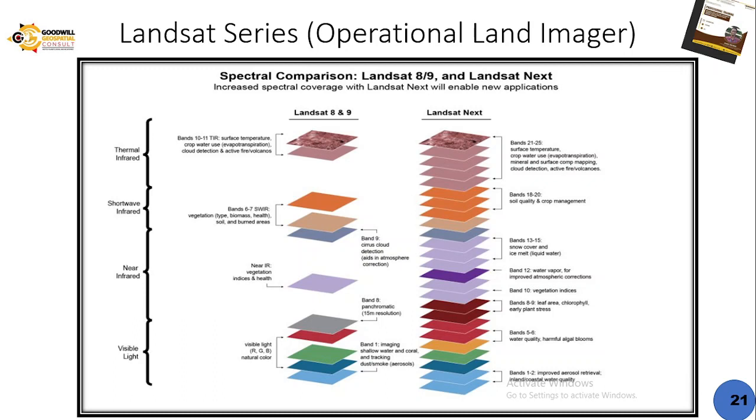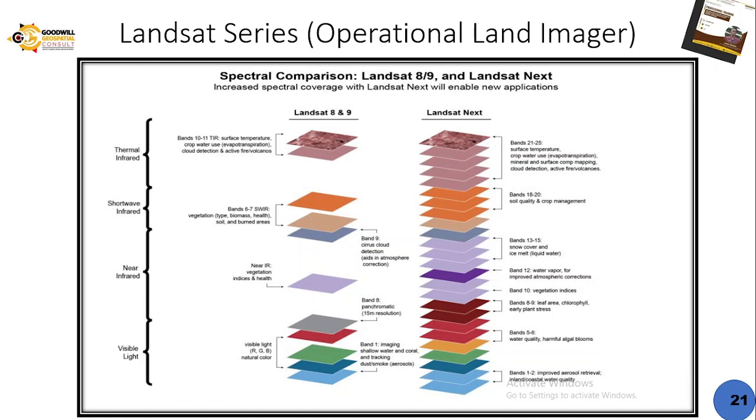Then band 11 and band 10 are for surface temperature analysis, crop water use, that's the evapotranspiration calculation, cloud detection, and active volcanoes. So if you want to map active volcanoes using Landsat 8 or Landsat 9, the useful bands will be band 11 and band 10.